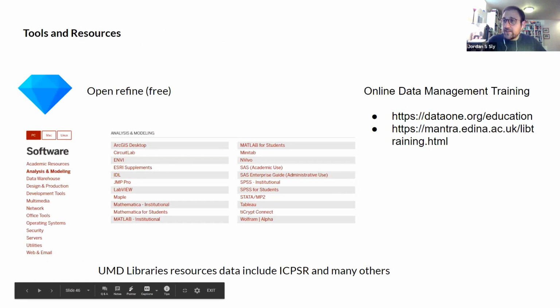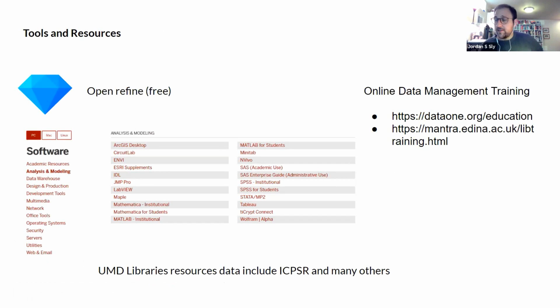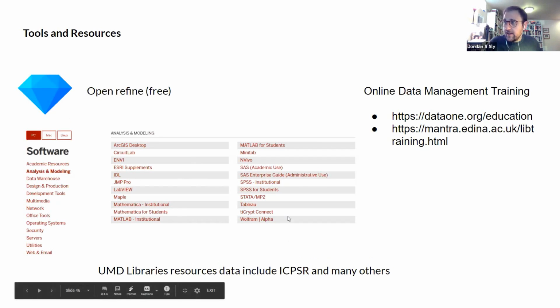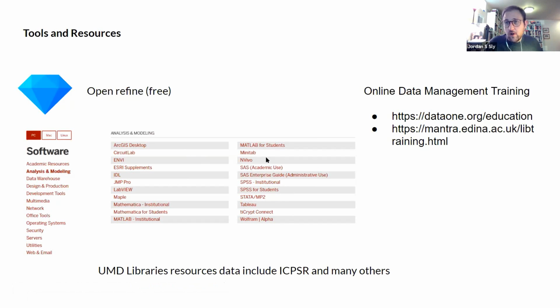Now to some tools that we have access to for actually managing and working with data. Terpware, which is just terpware.umd.edu, has a number of good, very powerful analysis tools, including SPSS, NVivo, which is a qualitative analysis tool, and MATLAB.